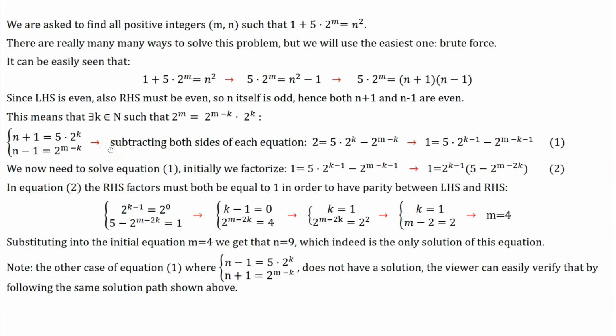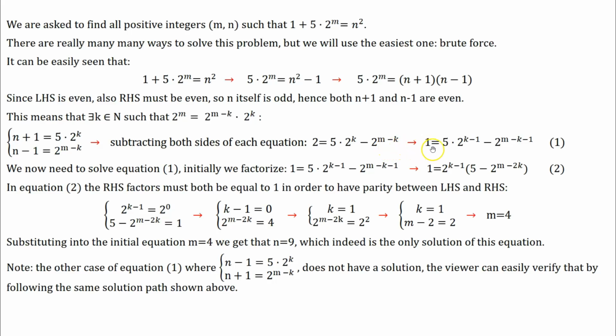Now we do some calculations on this new system. Subtracting both sides of these equations, we get that n plus 1 minus n minus 1 is equal to 2, and on the right hand side we have 5 times 2 to the power k minus 2 to the power m minus k is equal to 2.